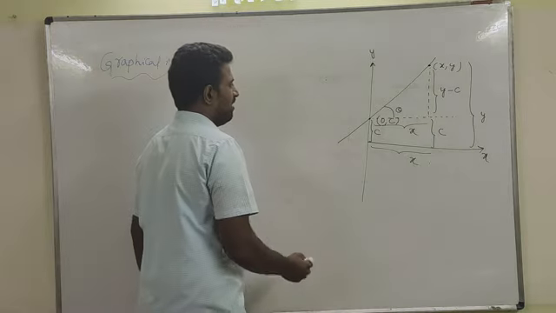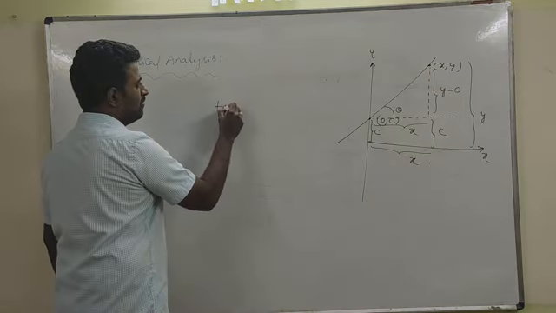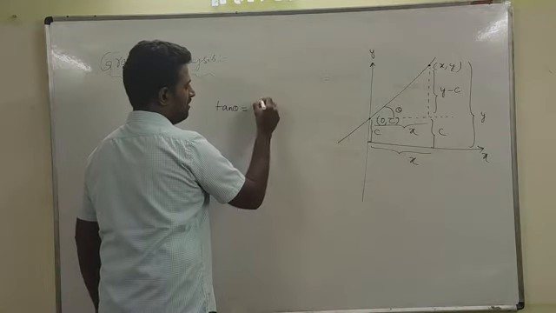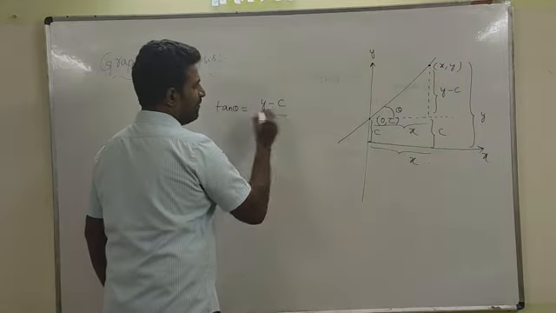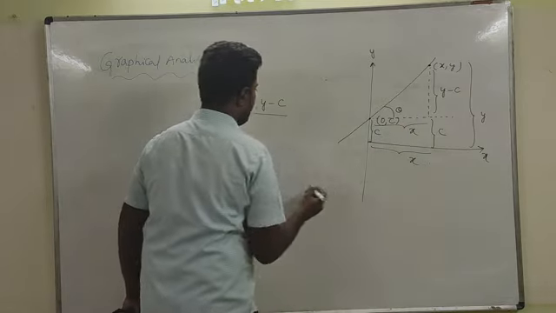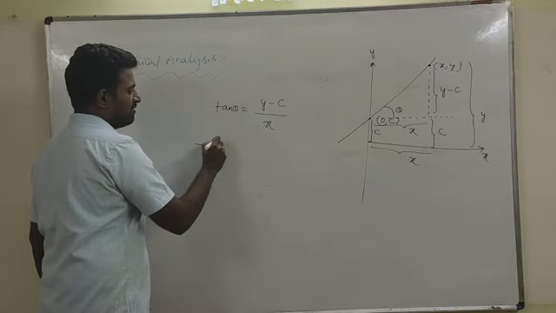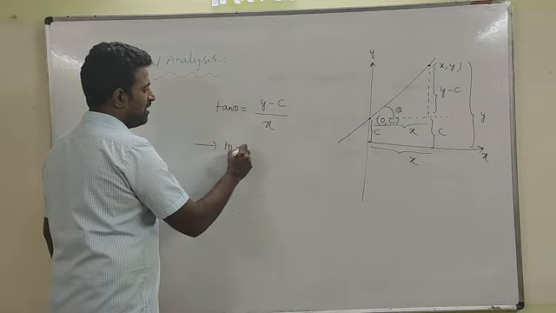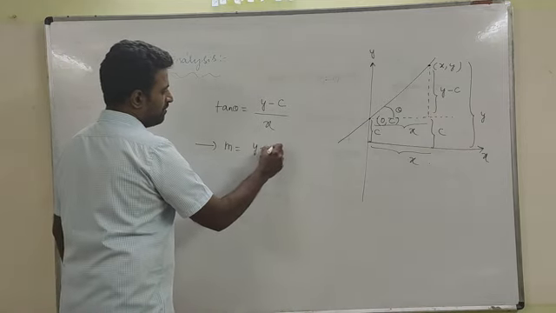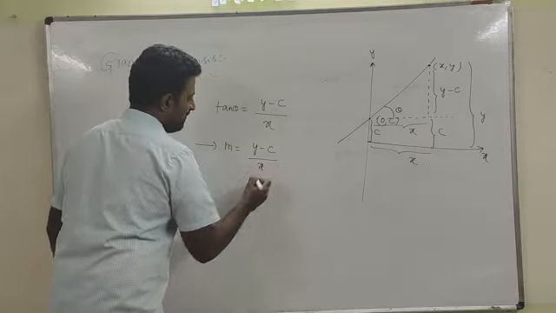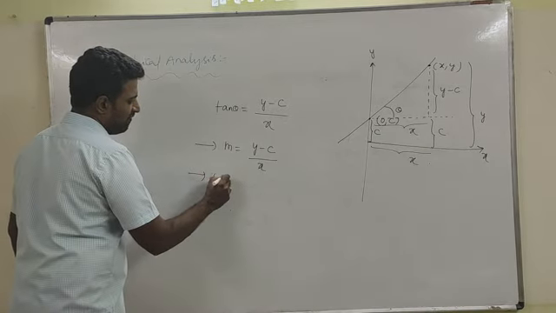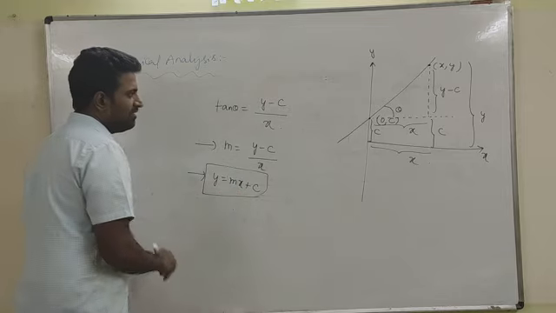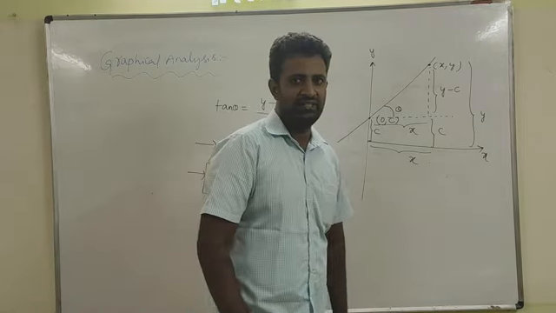You apply tan theta. Tan theta will be equal to opposite side y minus c divided by adjacent side x, implies tan theta can be written as m, which is known as the slope of the graph, which will be y minus c by x, implies y equal to mx plus c is this graph straight line equation.